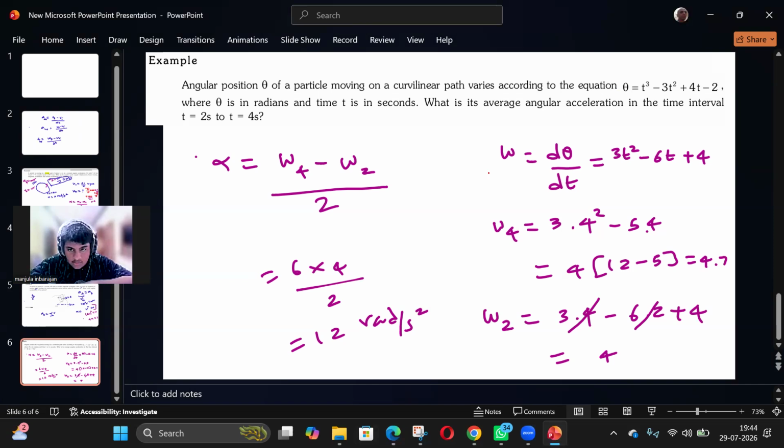Omega 2 and omega 4. So 12 radians per second square. Omega 4 is 28. Okay, 28. The radius I forgot to multiply.